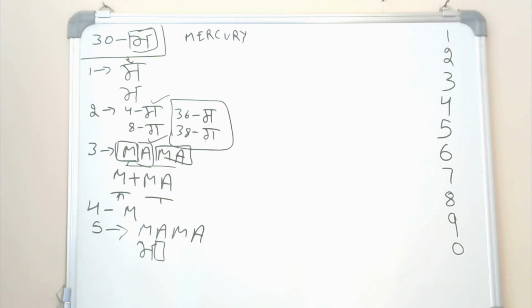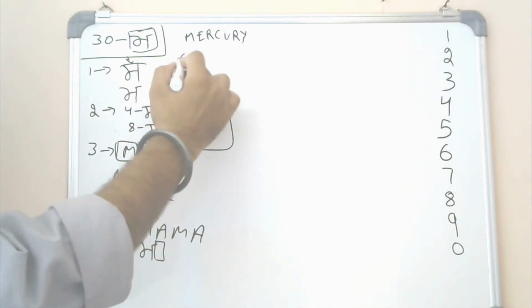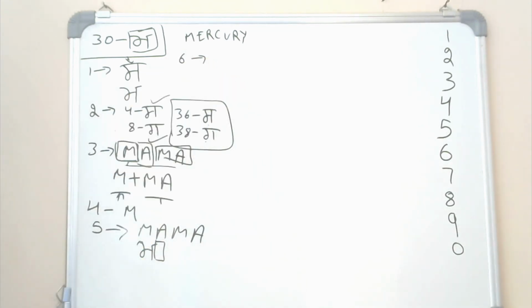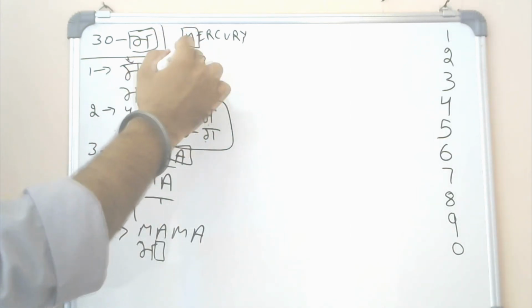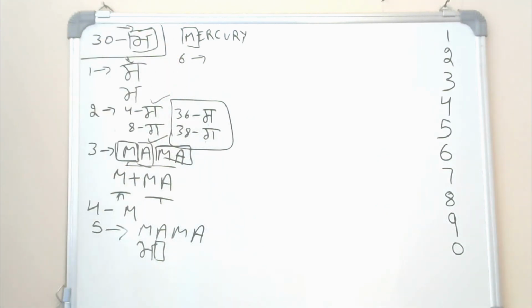Sixth step is wrong sounding words. Again, I'm going to say it because this is very important if you are learning this language. Do not consider that if you have am, then you will be using this letter always. No, we cannot do that.